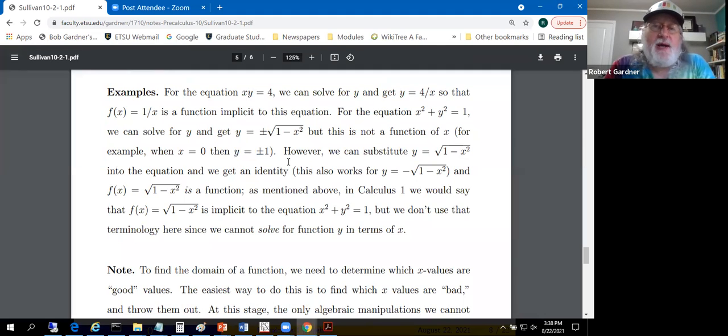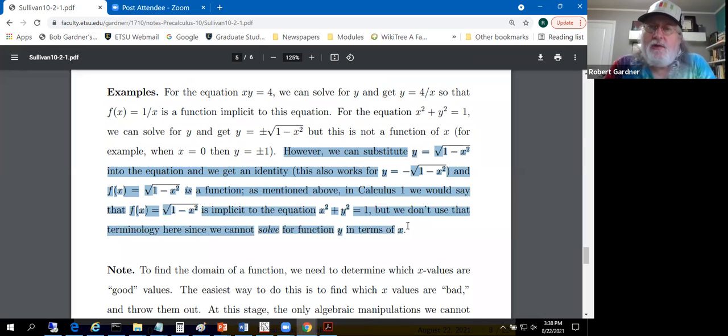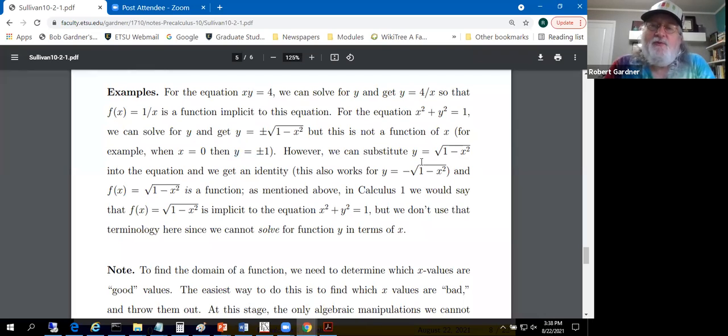Now here are some true observations. These comments, I don't think they're in the book. This is the kind of thing you'll see in Calculus 1. If we were to take y equals the positive square root of 1 minus x squared, that is a function. And if you substitute that into this equation, you will get an identity.